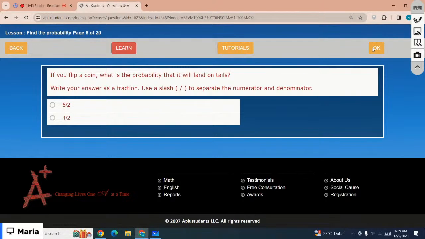Yes, it is 1 out of 2. The correct option is 1 out of 2.